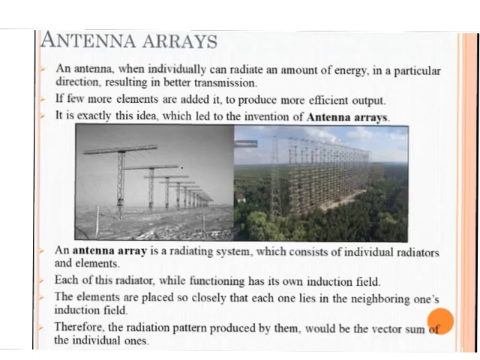An antenna array we can define as a radiating system which consists of individual radiators and elements, and each radiator functions with its own induction field, and these elements are placed so closely that each one lies in the neighboring one's induction field. Therefore, the radiation pattern produced by them will be the vector sum of the individual ones.